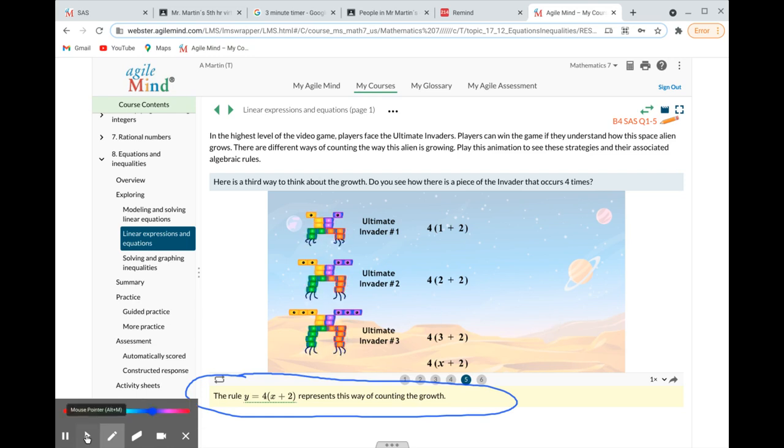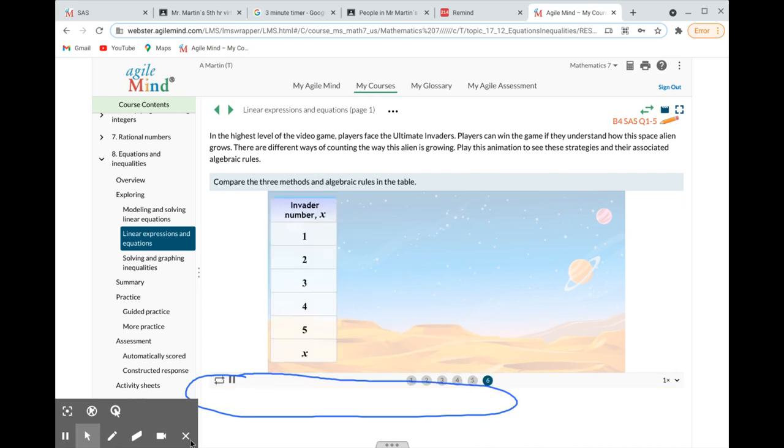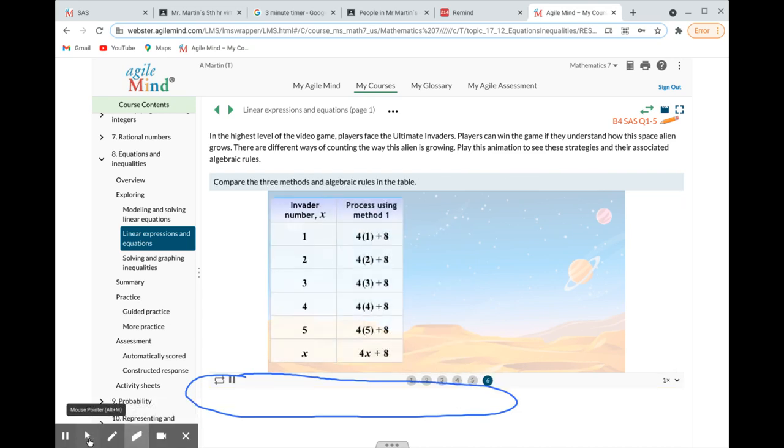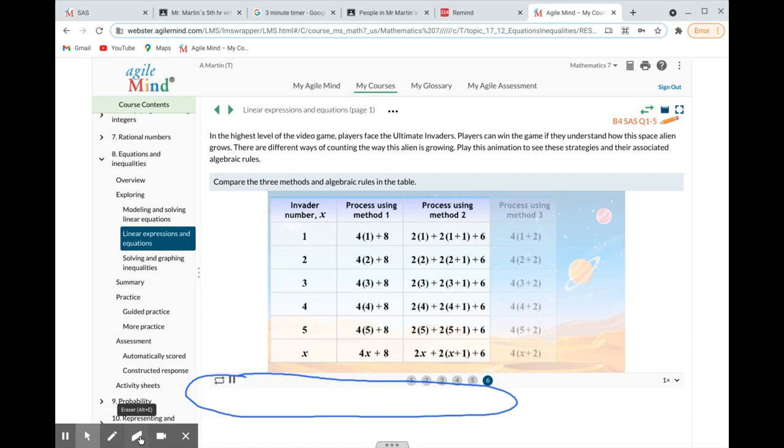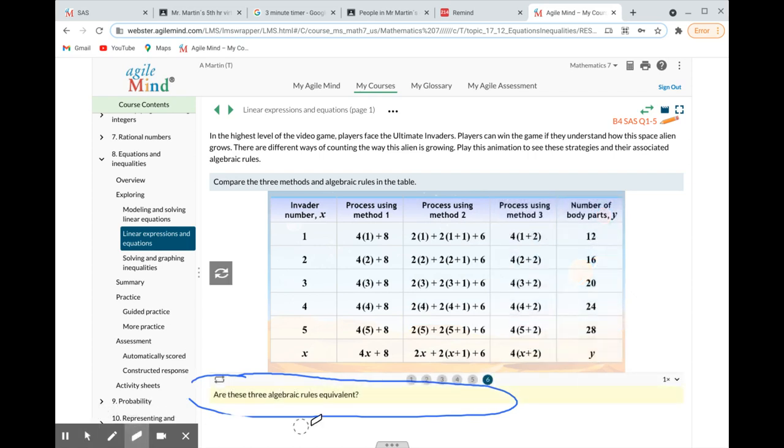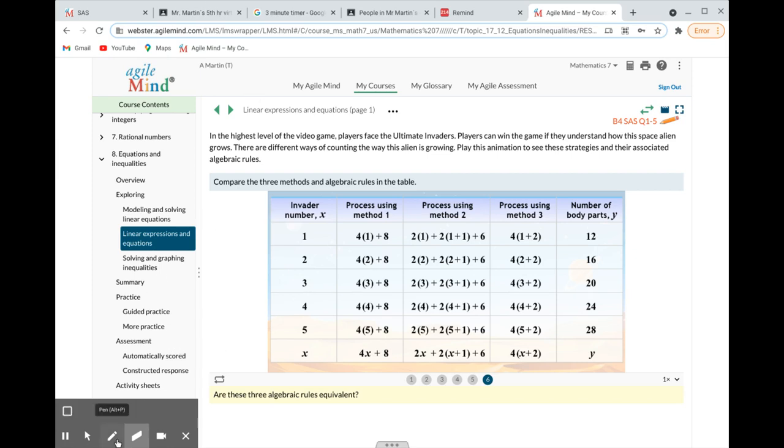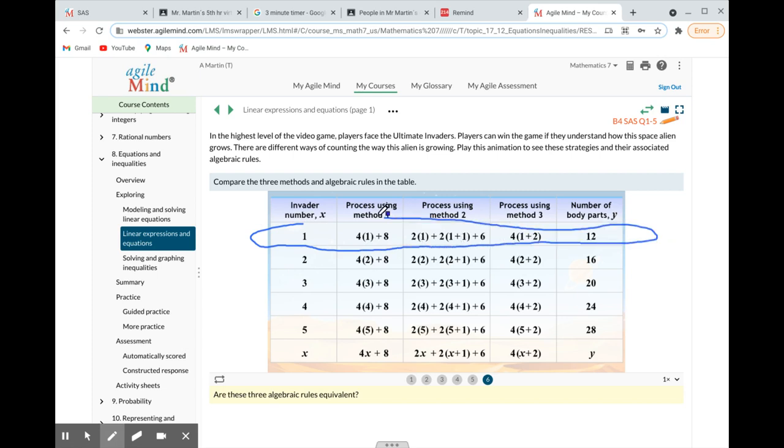So we're going to take this and we're just going to make sure that it's the same using each one of these, if it would give you the same result. So look at each one of those and see if it gives you the same answer for your number of body parts. In all cases, do you get the same number of body parts? Like if you look at this and you go all the way across, do they all give you 12?